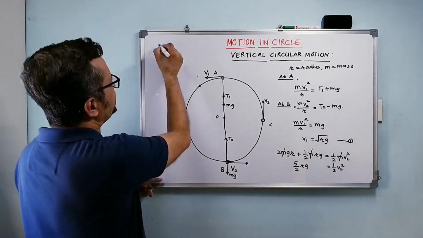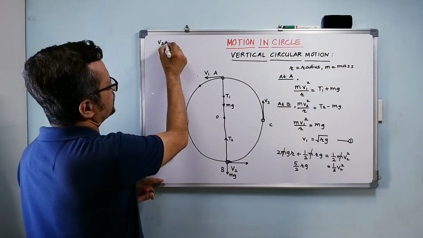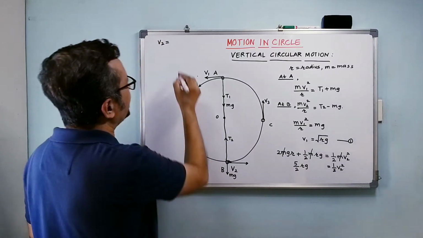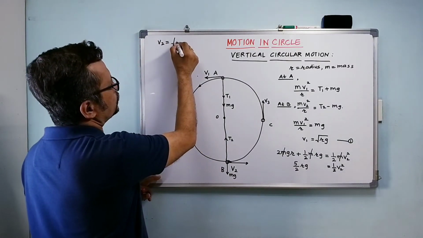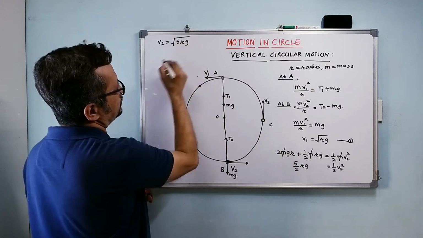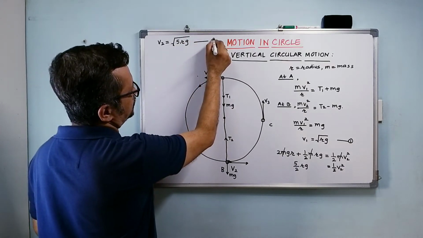So my v2, I'll just cancel that 2 over there in the denominator, and my v2 will be equal to root over 5Rg. That is expression number 2.